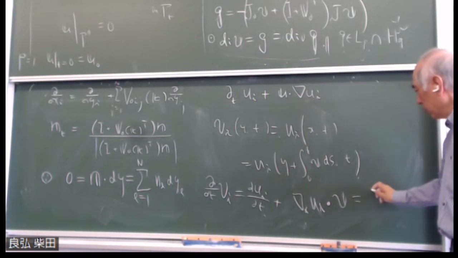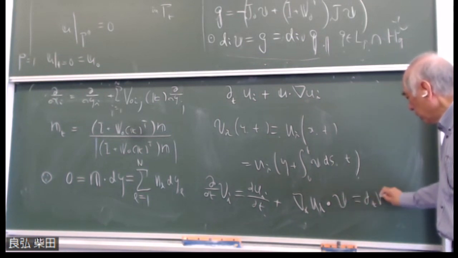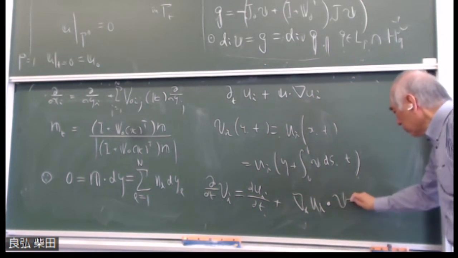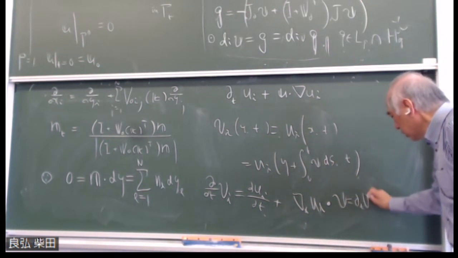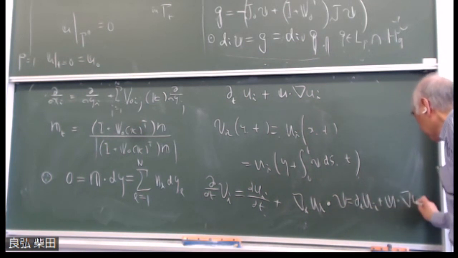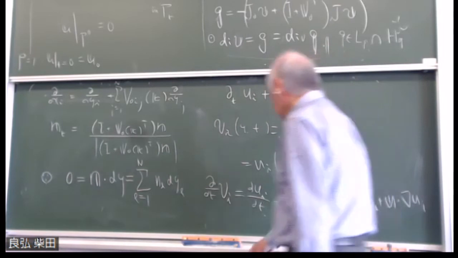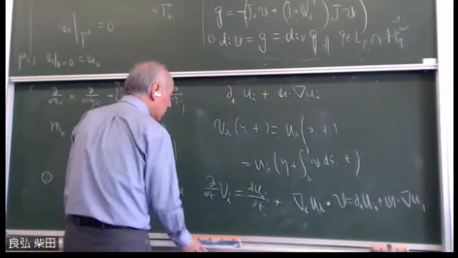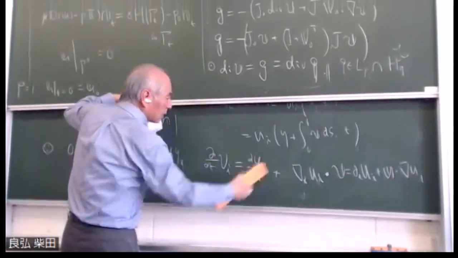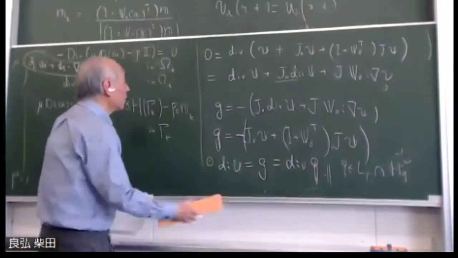It is equal, the same: dt ui plus nabla ui. So this is a good point to use the Lagrangian coordinate.